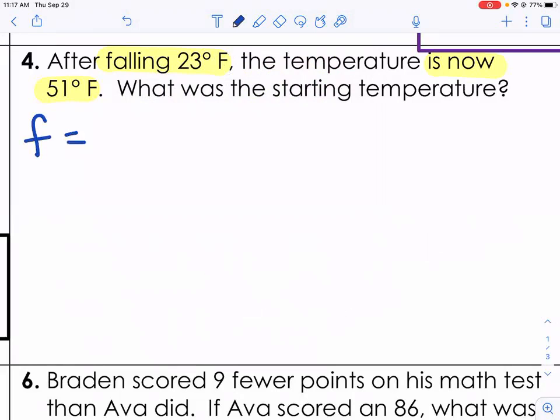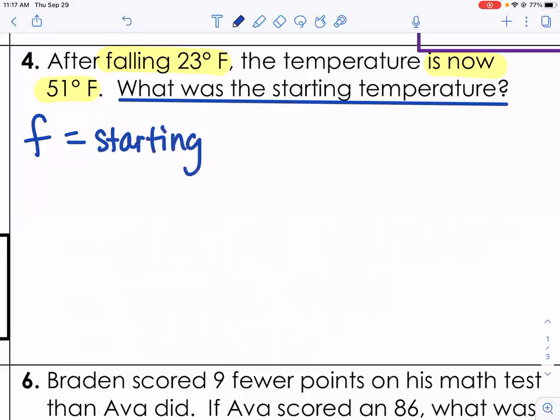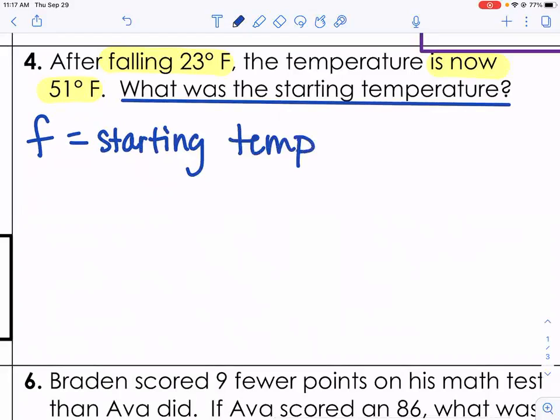Okay, we are looking for the starting temperature, okay? Braylea brought up a good question, like, what I'm looking for. Whatever the question is at the very end, that's gonna tell you what you're looking for. So since it says, what was the starting temperature? That's what we're trying to find.